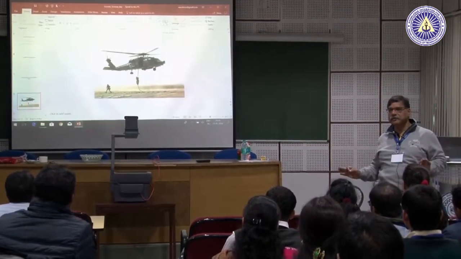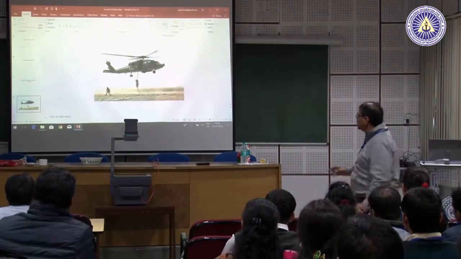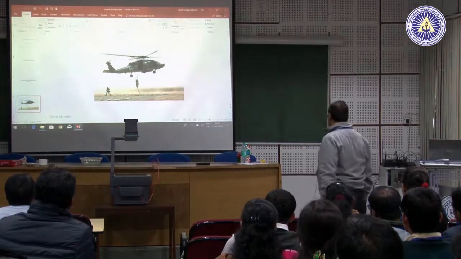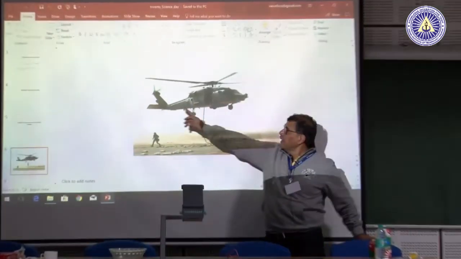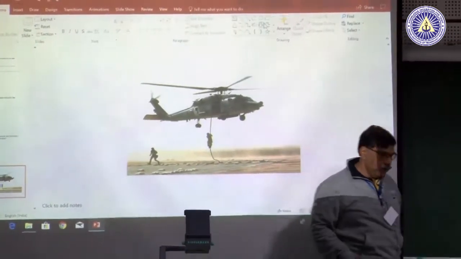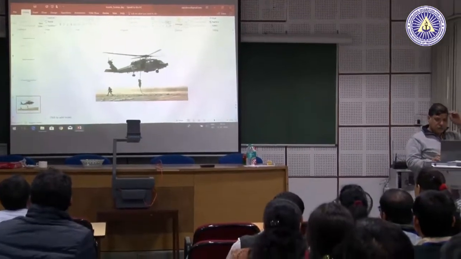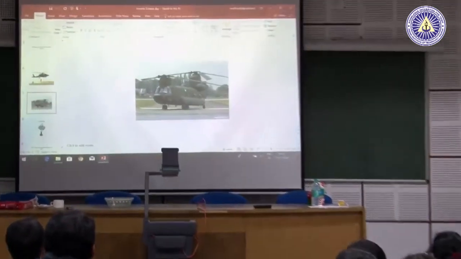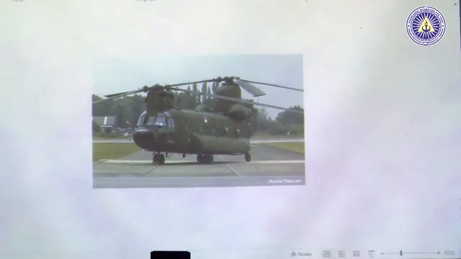I have demonstrated it, and through this, I want you to explain the rear rotor. This helicopter has this big rotor and a rear rotor. Similarly, on the next page, there is a different design of helicopter where they have two rotors. You see that? Why?